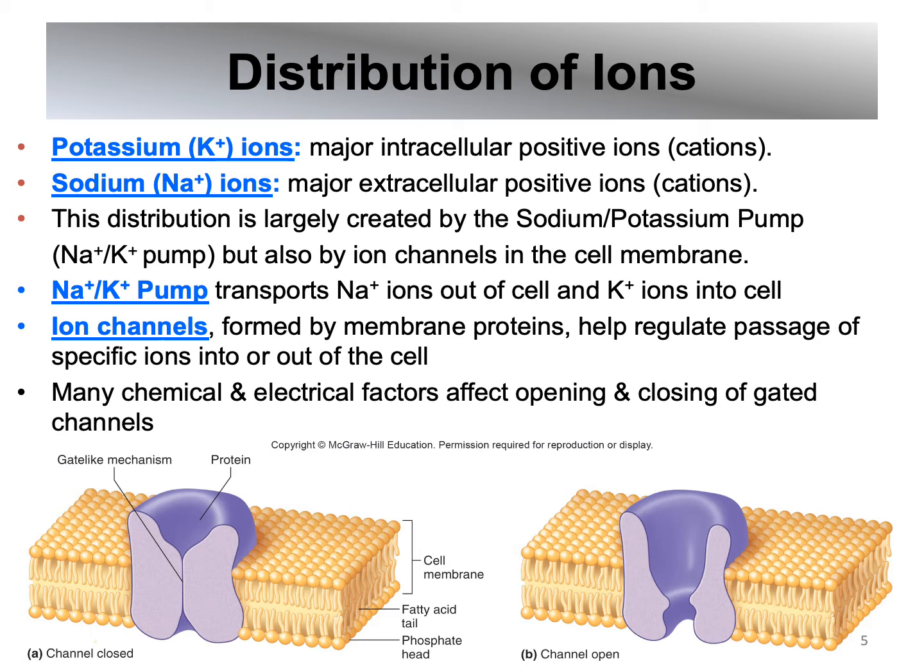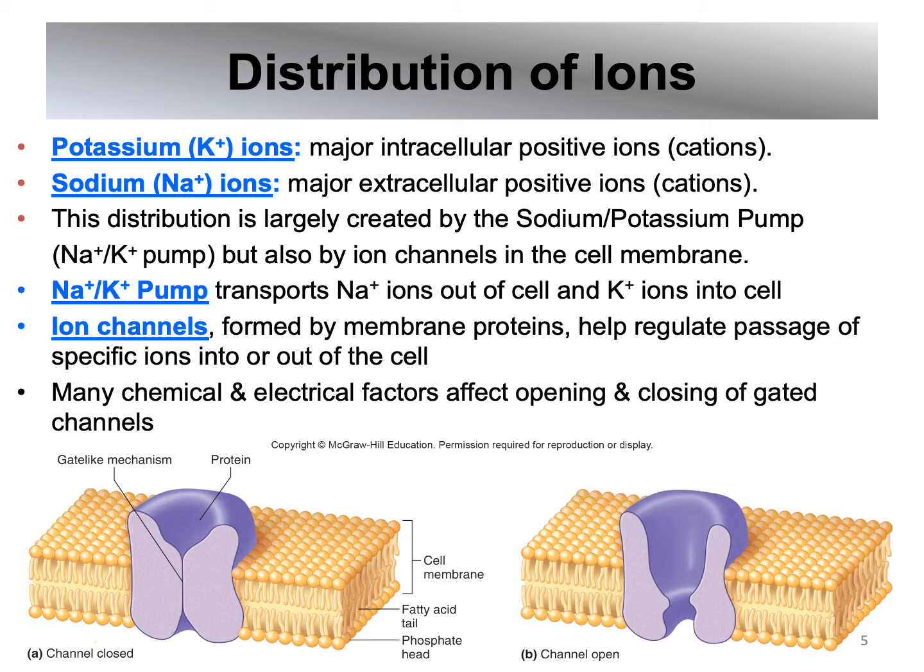The sodium-potassium pump transports sodium ions out of the cell and potassium ions into the cell. Remember, the sodium-potassium pump is a way to transport the ions by active transport. It goes against the concentration gradient and it requires energy.